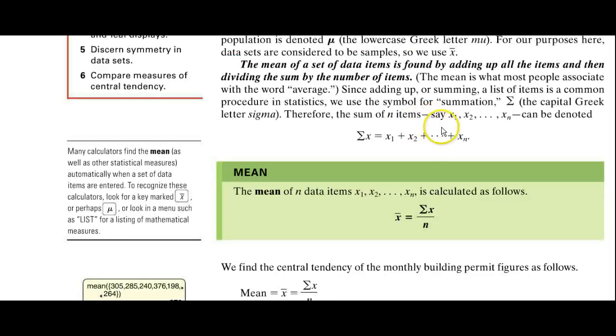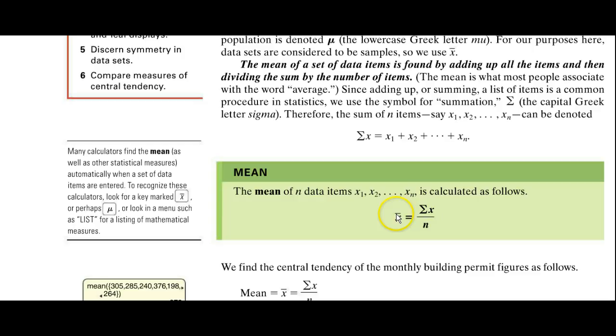And looking at the general formula for the mean that we see down here, this symbol, kind of a funny shaped E, is the letter sigma, the capital letter sigma in Greek, which stands for the summation, or the sum. So the sum of our values would be all of the individual items added up till the nth value.